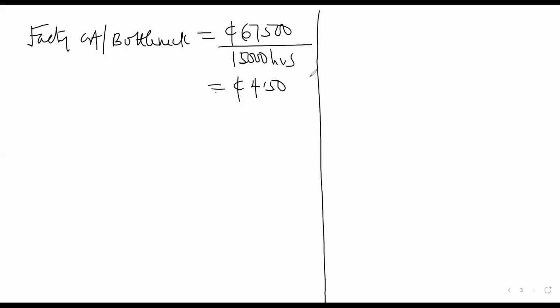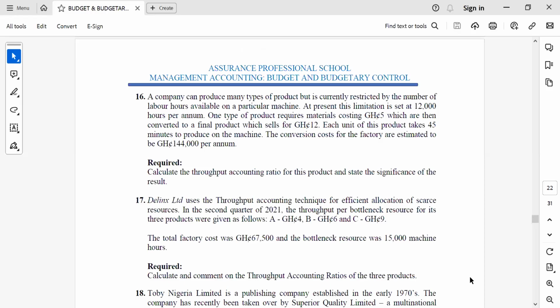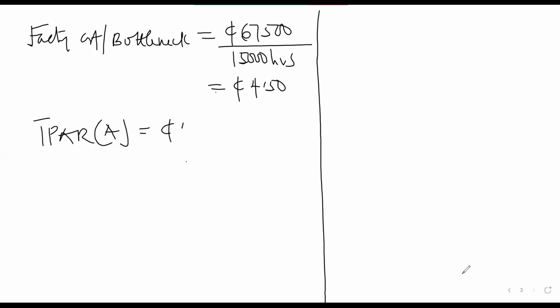You do it for this one by one. So we have the throughput accounting ratio for the first product. What is the first product? Product A. So we have 4 over 4.5.